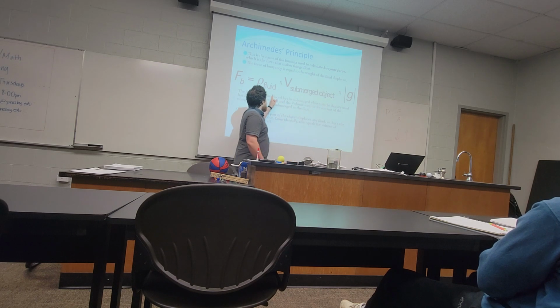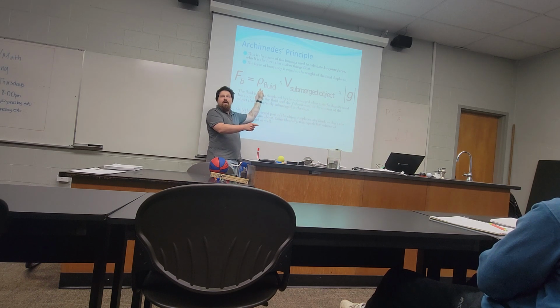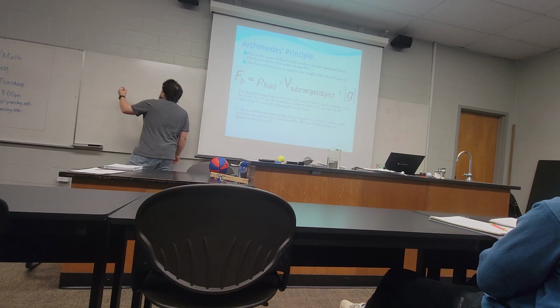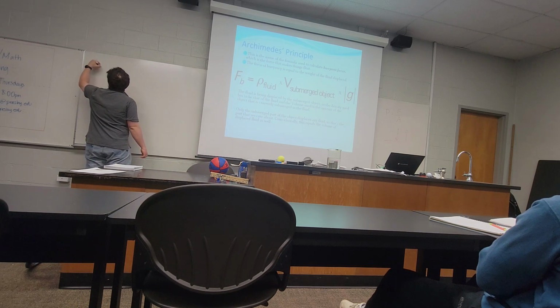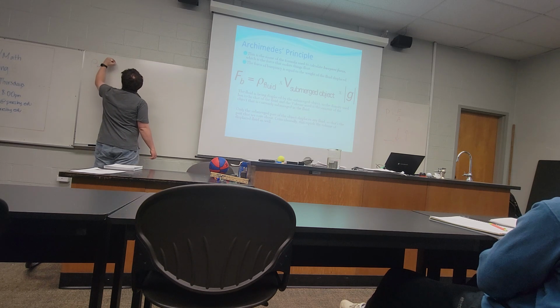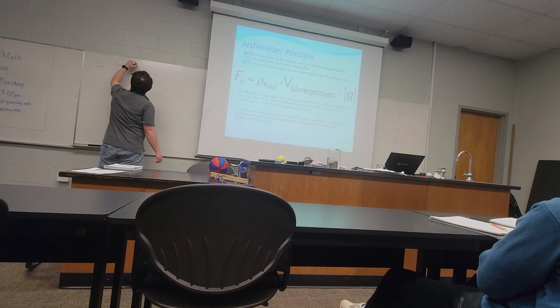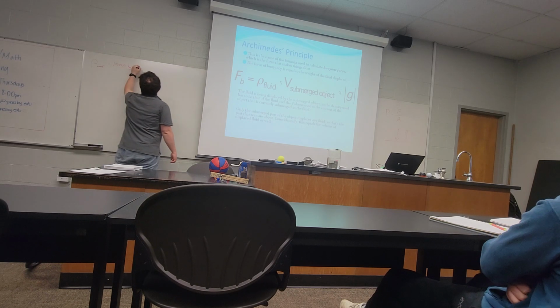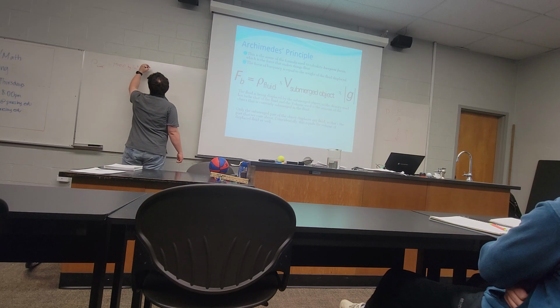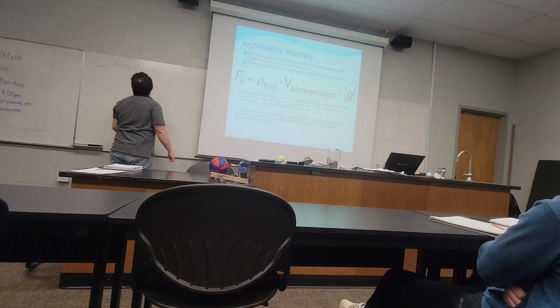So if we wanted to calculate the buoyant force on this piece of iron, we would need to know the density of the water that the iron is in, which is typically considered to be 1,000 kilograms per meter cubed, or alternatively, 1 gram per milliliter.